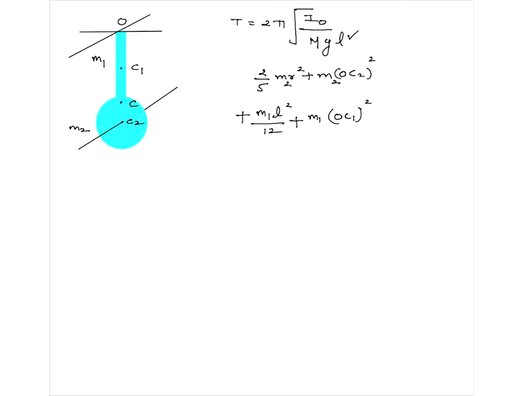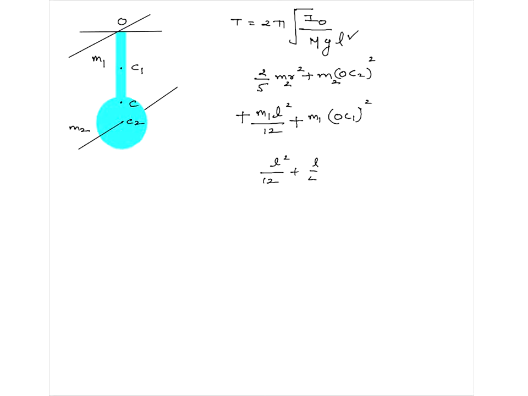Now, you have found it to be 1 by 3. You have simplified it. So I think OC1 you would have taken as L by 2.